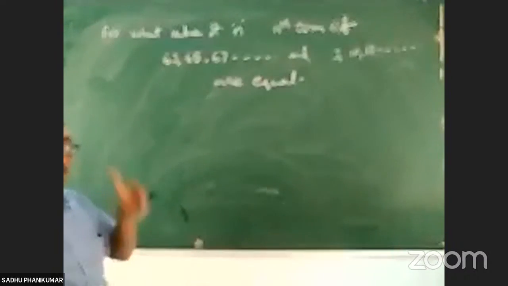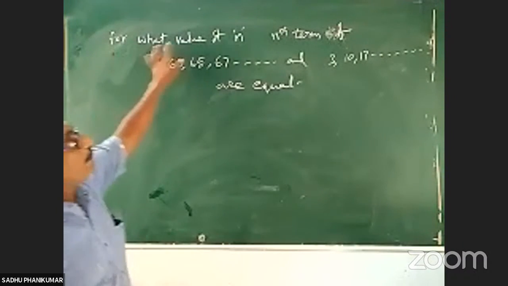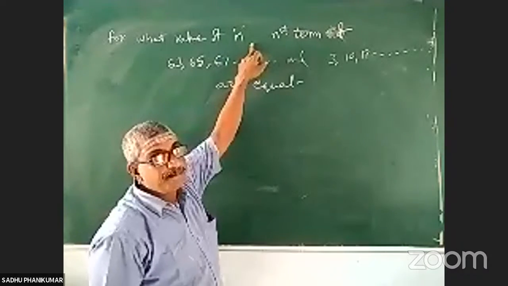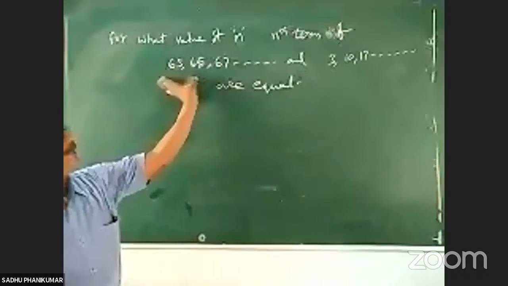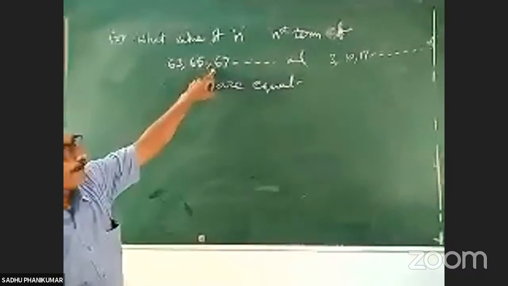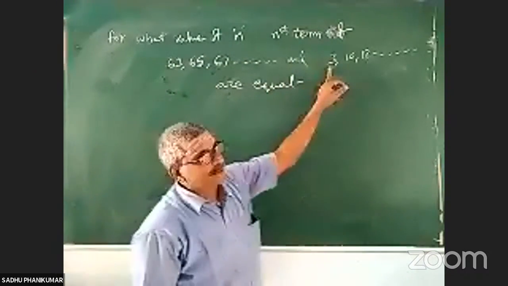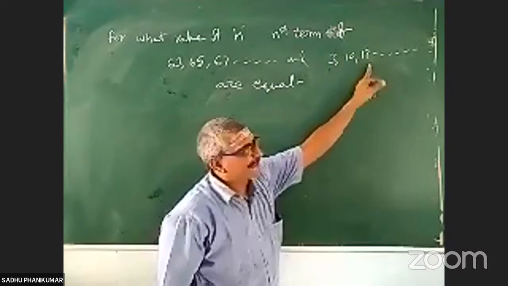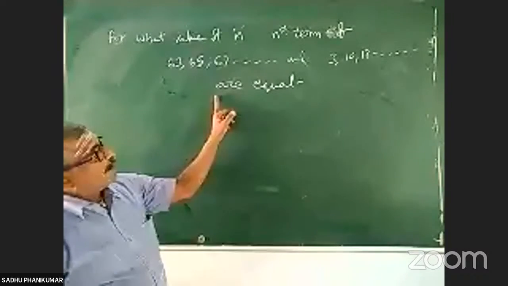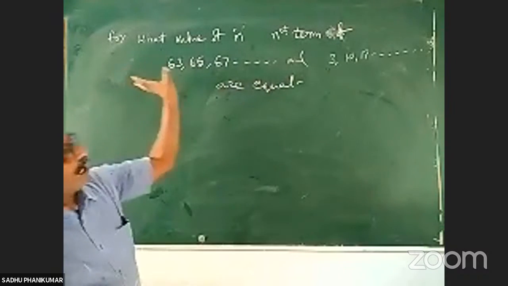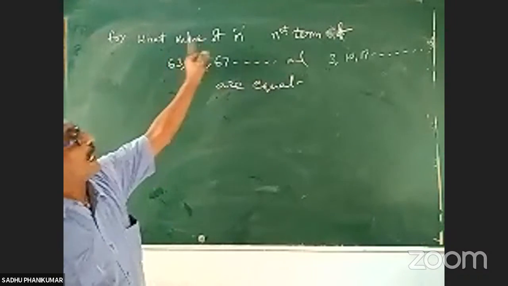Okay, first of all, read the problem. For what value of n? This is the first progression, 63, 65, 67, and this is the other progression, 3, 10, 17. What does the question ask? Find what value of n.